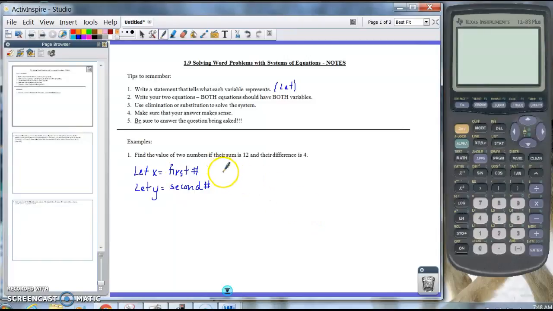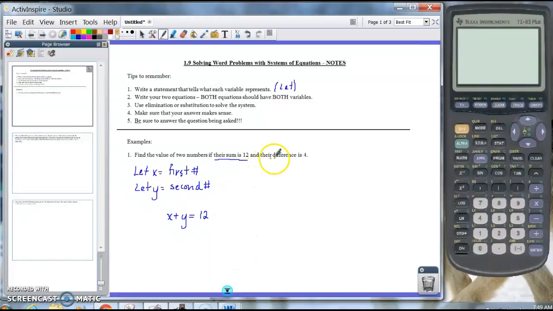And from there, now I'm going to write my two equations. The first equation is find the value of two numbers if their sum is 12. Well, if their sum is 12, that means they add to 12. So that gives me my first equation. x plus y is 12. Okay, that's my first equation.